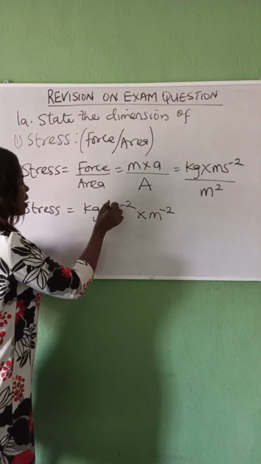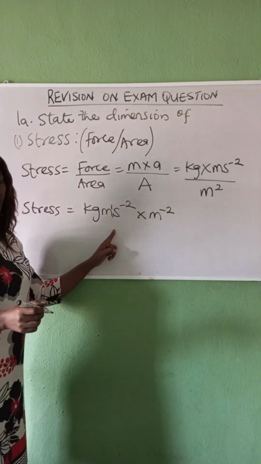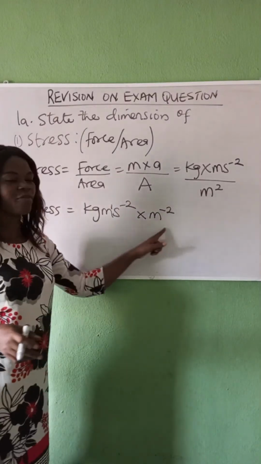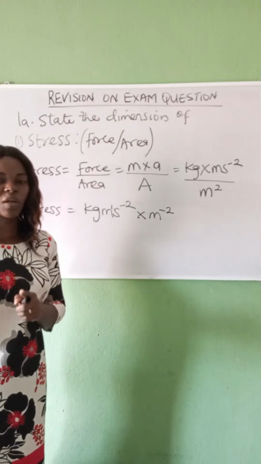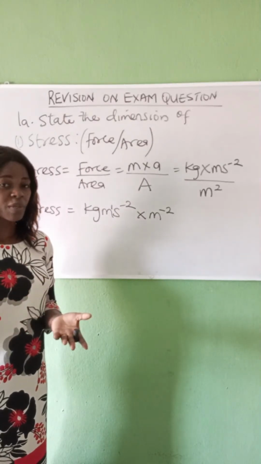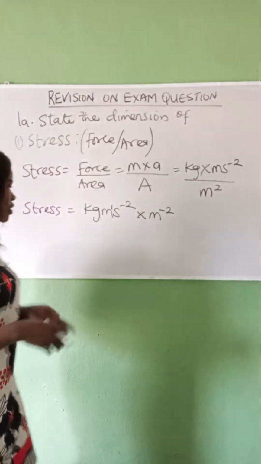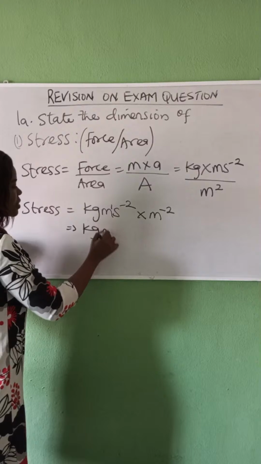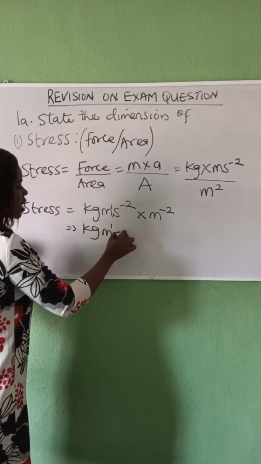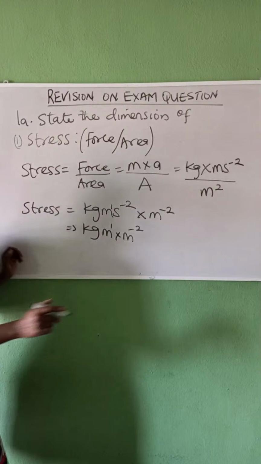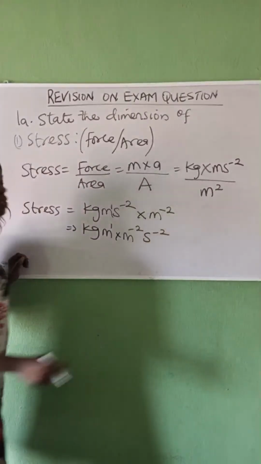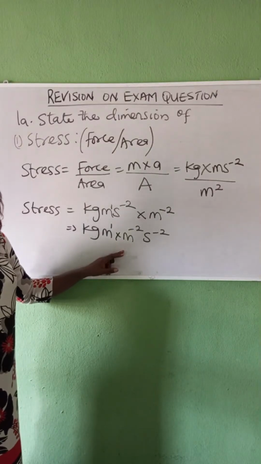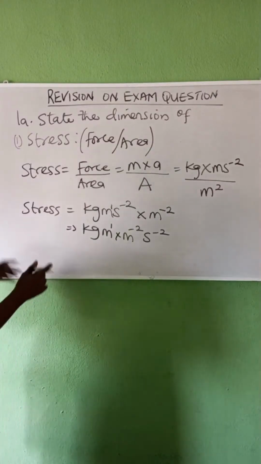Now this meter already has a power of 1. So what am I going to do? From the laws of indices, I have meter here, I have meter here, right? I'm going to take one of the bases and add the powers. So this will be kilogram, meter to the power 1 times meter to the power minus 2. Is that clear? Then I'll now put the second square. Now I've brought both of them together. The next thing I'm going to do is to work on the powers.